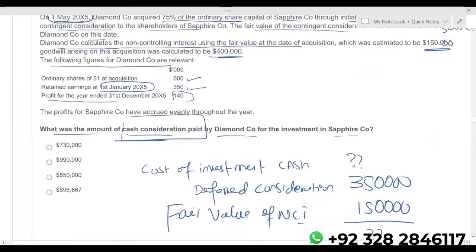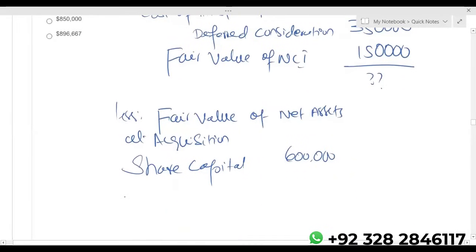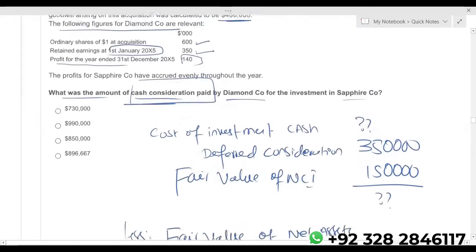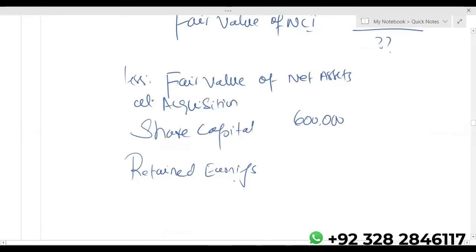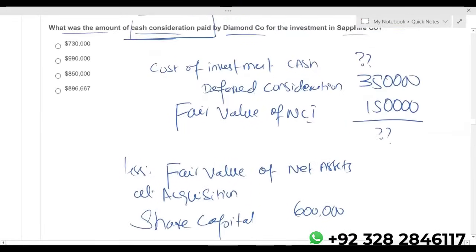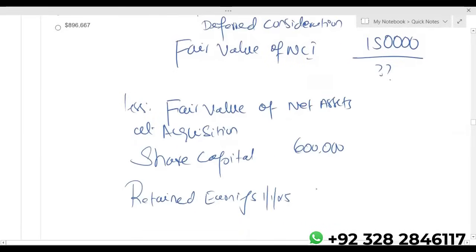Retained earnings till 1st January X5, how much? 3 lakh 50.